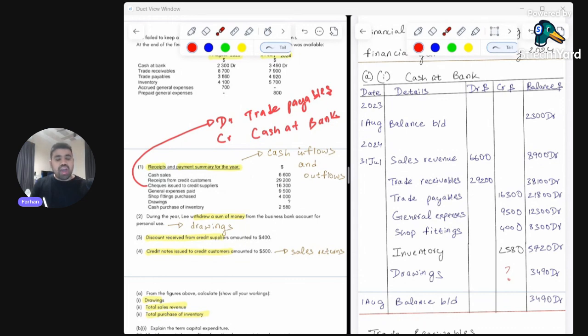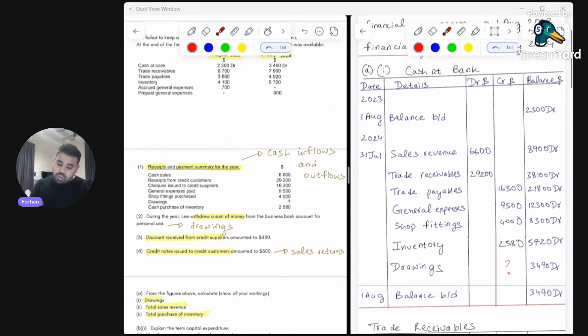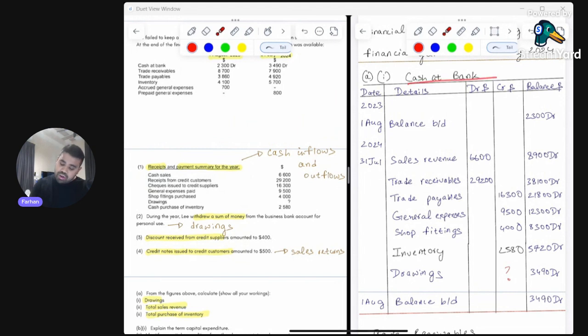And we are crediting cash at bank account because our balance available in our asset account has also gone down because of the payment we have made. And when assets go down, we credit it. Okay? So as you can understand, the cash at bank account in itself is to be credited. So if the cash at bank account is to be credited, then in the cash at bank ledger account, including the payment of $16,300, which I've made to my suppliers on the credit side to reflect the fact that balance is going down.